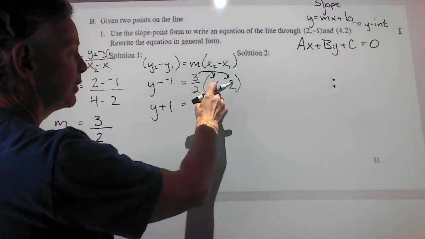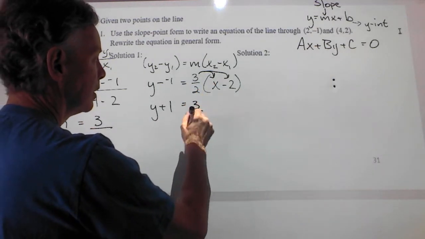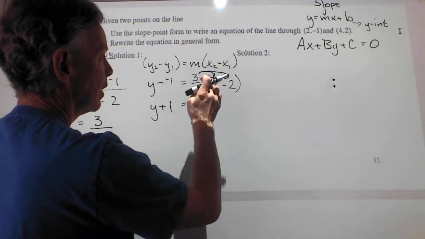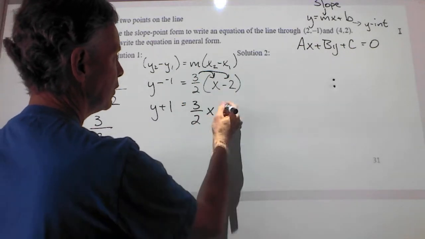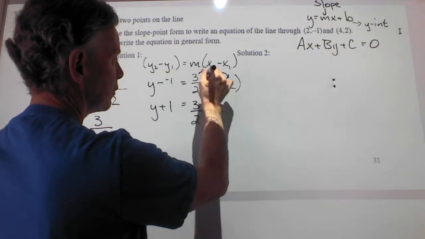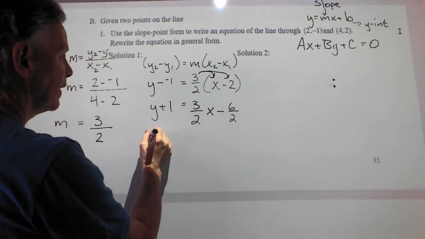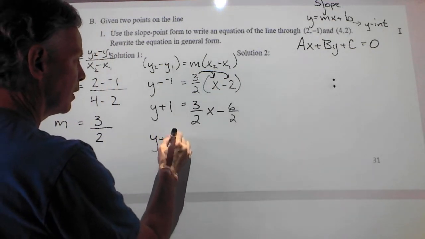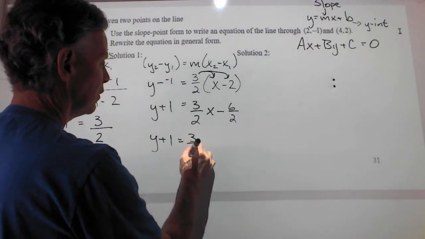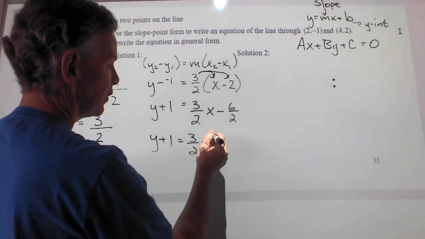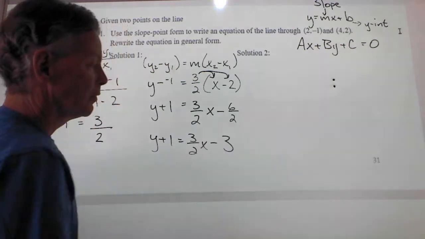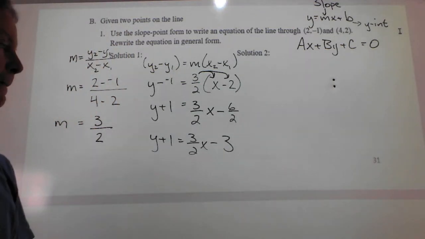So 3/2 times x is 3/2x. 3/2 times -2 is minus 3 times 2, which is 6/2. And that can more simply be written as y plus 1 equals 3/2x minus 3, since 6/2 will simplify to a whole number.